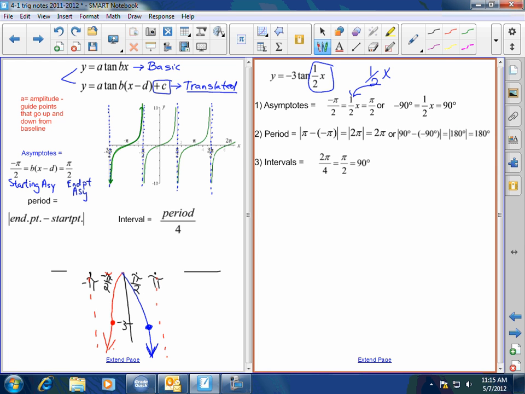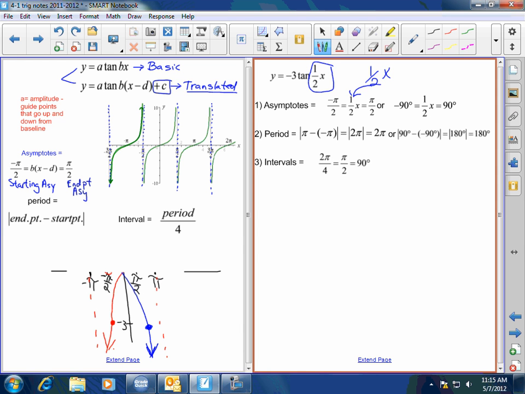For those of you that don't like radians, I am letting you know radians are going to be part of your life. But for now, if you want to translate it into degrees, that's fine. And you're going to have 1/2 of x equals negative 90 or 90.